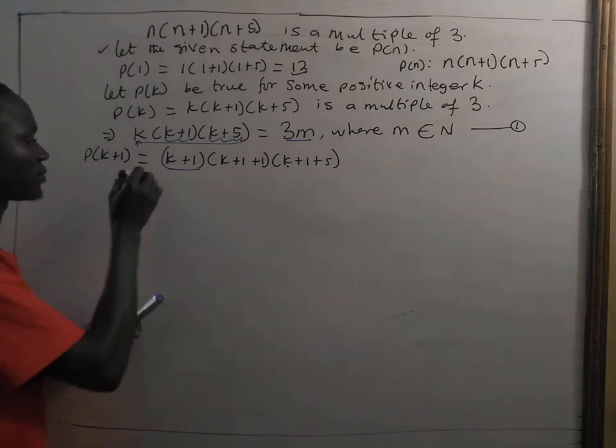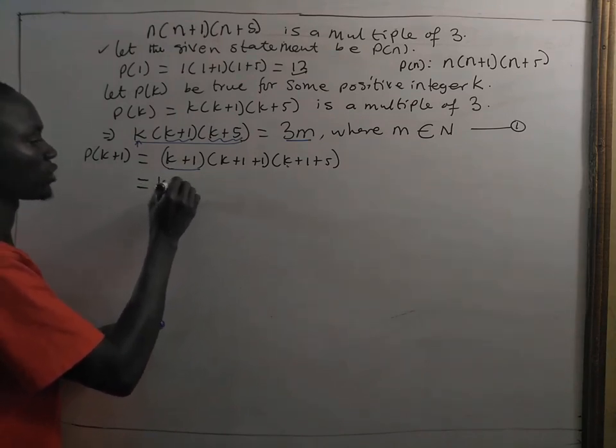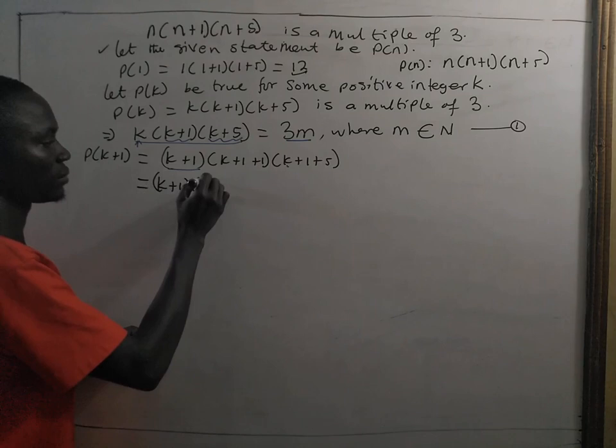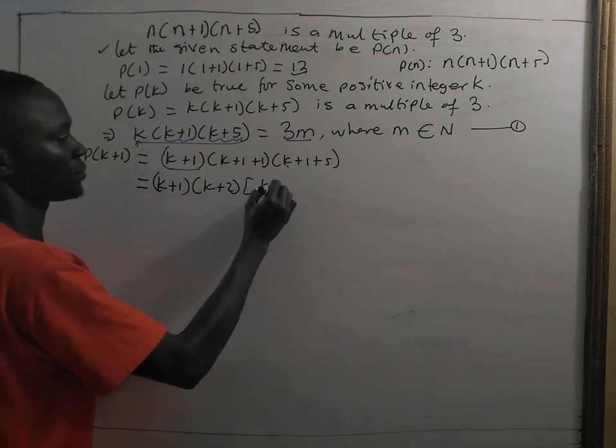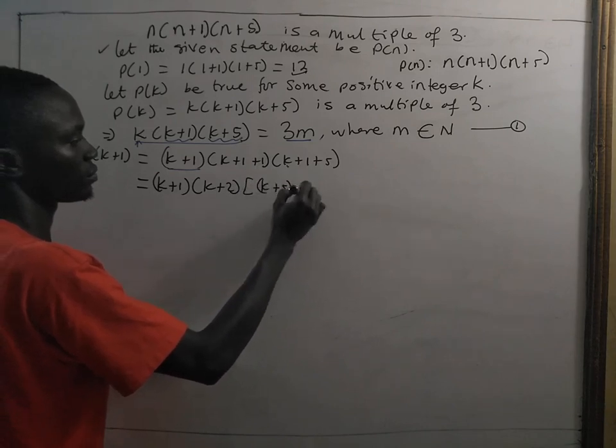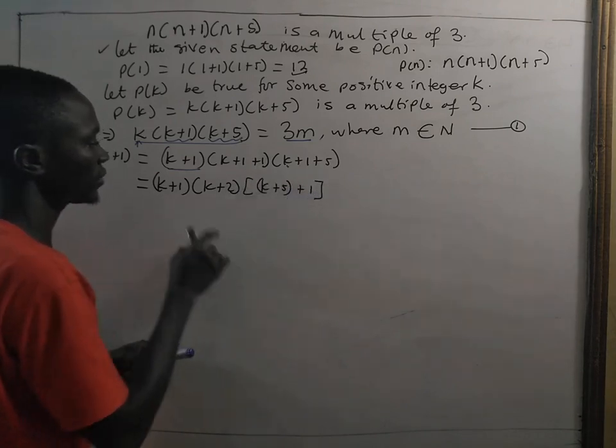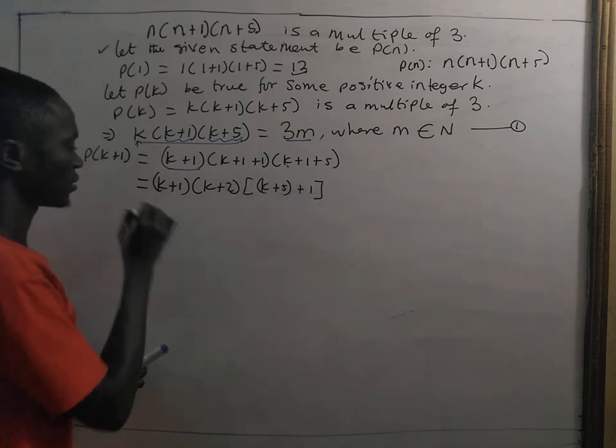So we write this to be equal to k plus 1 times k plus 2 times k plus 5 plus 1, and then expand this.